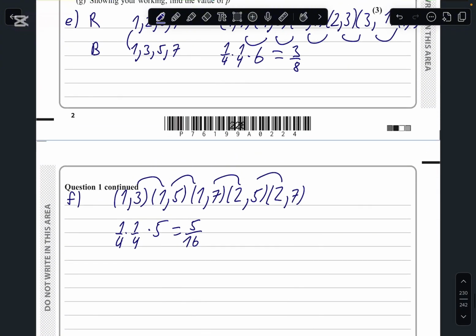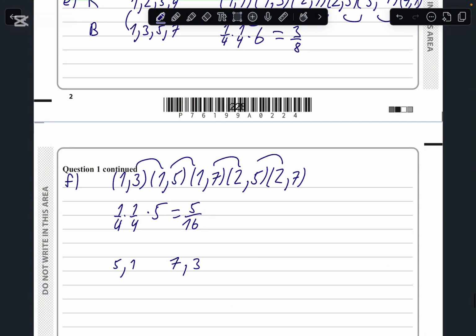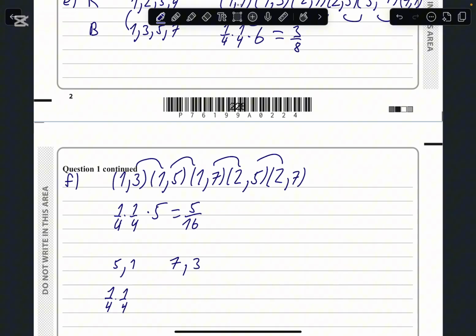The difference is 4 when we get a 5 from B and a 1 from R, or a 7 from B and a 3 from R. So that's 2 cases. All the probabilities are equal, so 1/4 times 1/4, times 2, gives us an answer of 1/8.